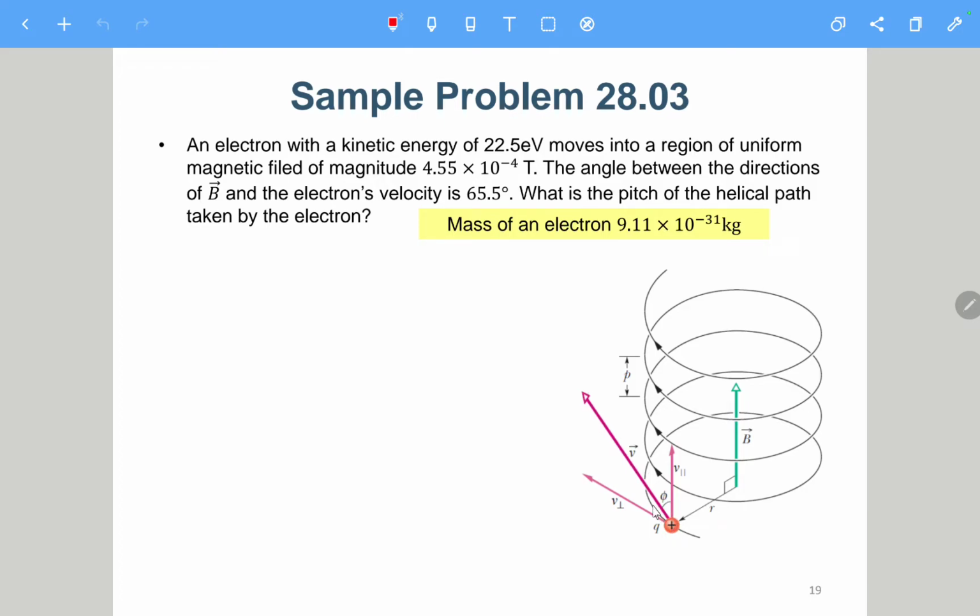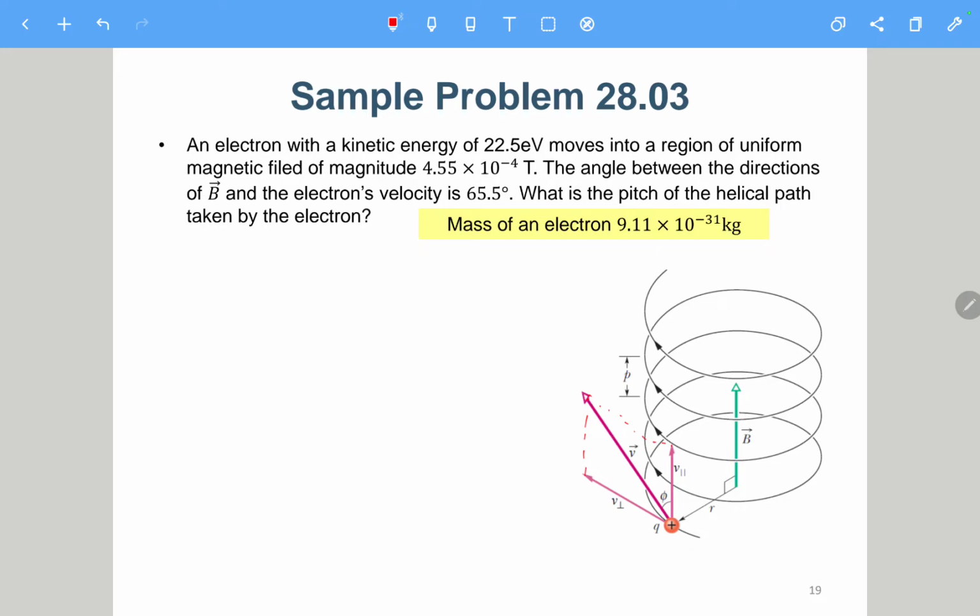Here, we can decompose v in two directions, one is this one and the other is that one. This is v parallel, which is parallel with the vector B, the B field. And this v perpendicular is perpendicular to the B field. So we decompose this initial velocity into two components.